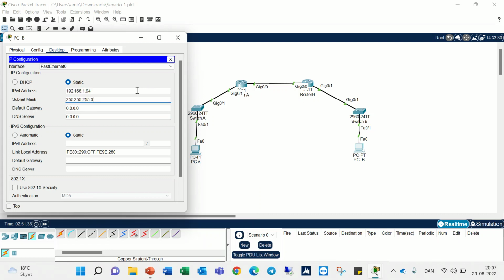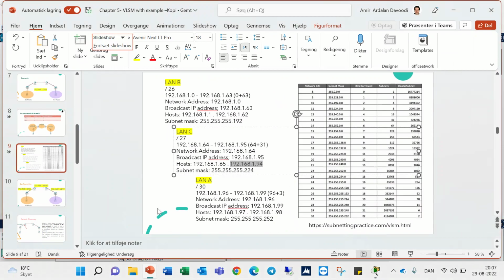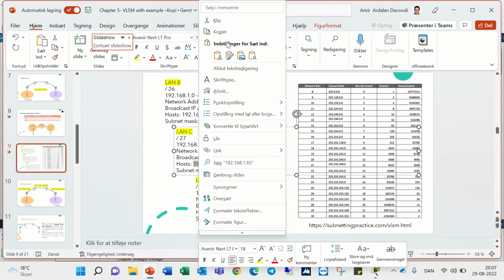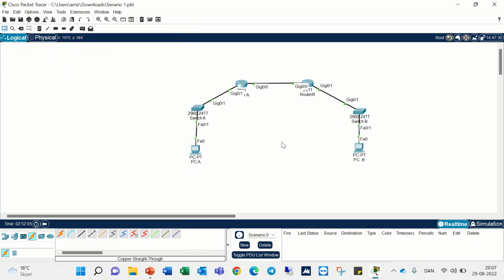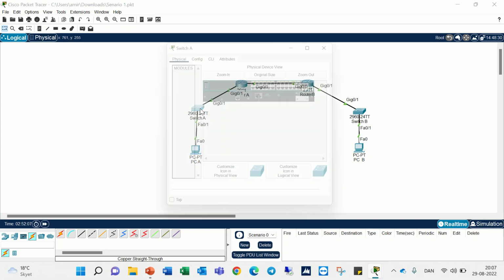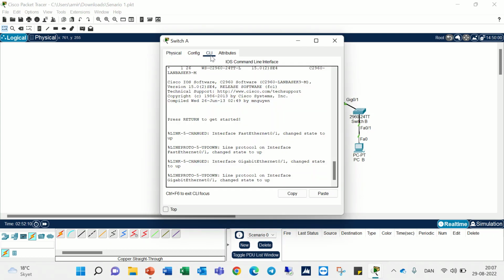And subnet mask is 224 and also the IP address of default gateway is, excuse me, default gateway IP address is the first IP address that we have configured for router B. Yes, it works.